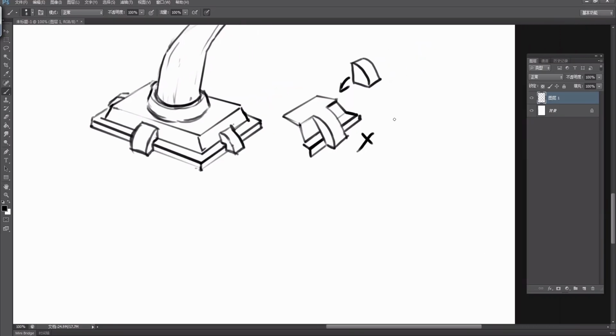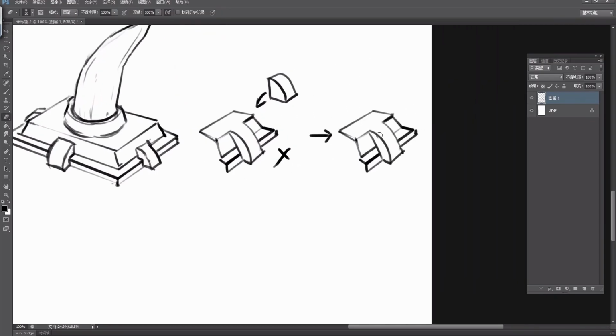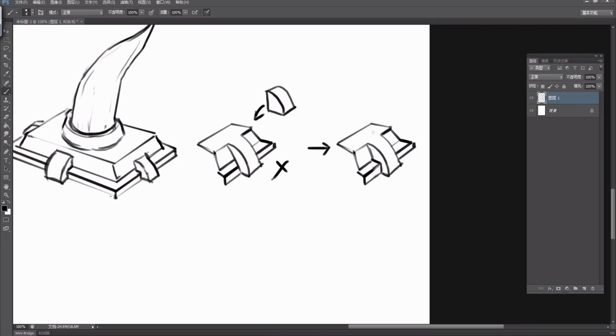Totally wrong. What should we do? Let's analyze it first. This is very important for referring to internal contours, and it is an application of three-dimensional thinking.